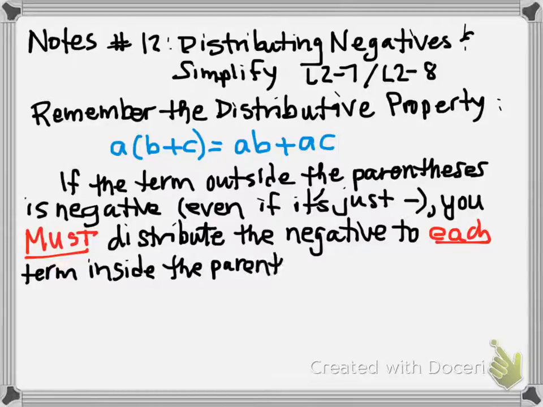So in addition to multiplying by whatever the number is, you're also going to have to multiply by a sign. Remembering your sign rules, in multiplication, if the signs are the same, you get a positive. If the signs are different, you're going to get a negative.